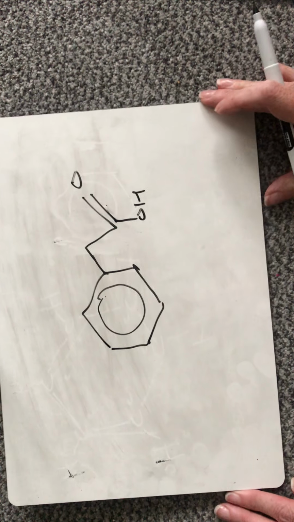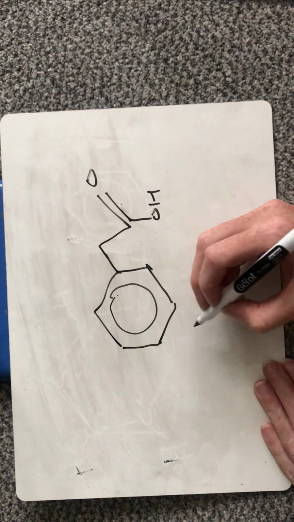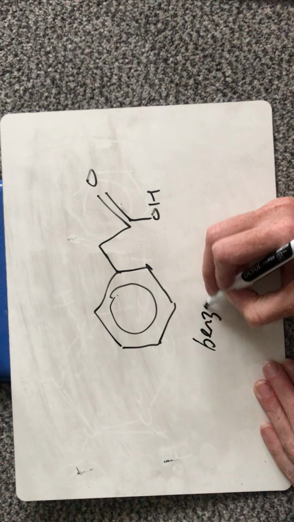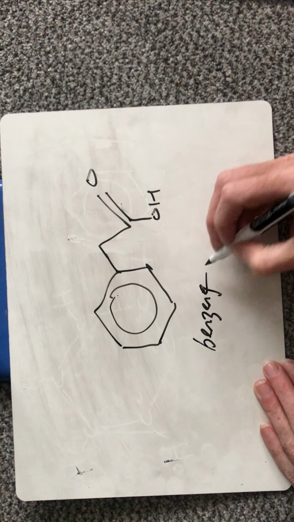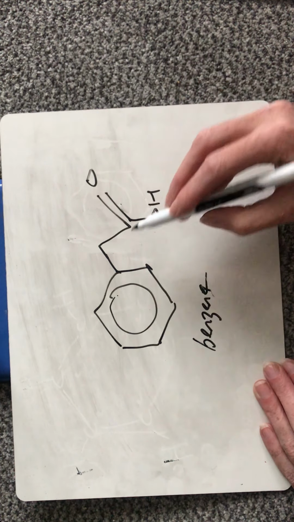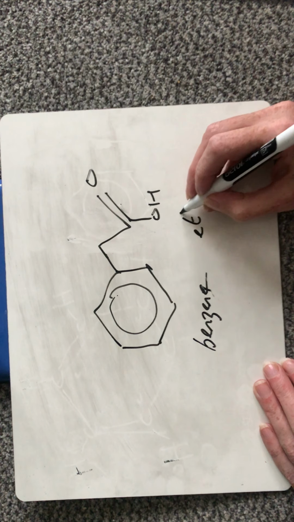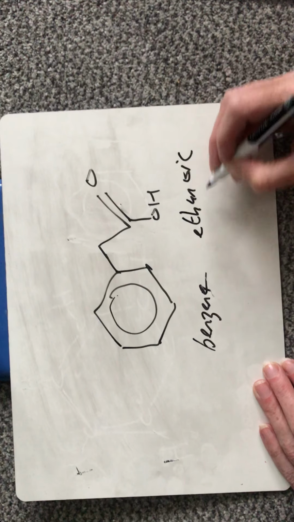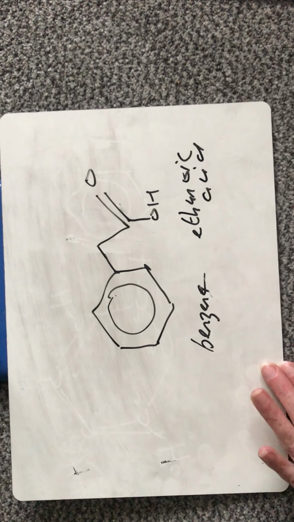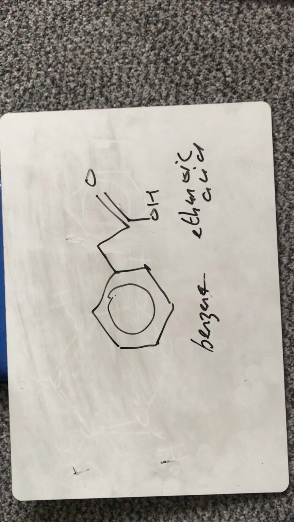So we've got the benzene here. I'm just going to write all the different groups. Benzene. And we've also got this bit here, which is a carboxylic acid with 2 carbons, so it's also ethanoic acid. So we've got two things here. We've got a benzene ring and we've also got an ethanoic acid group.